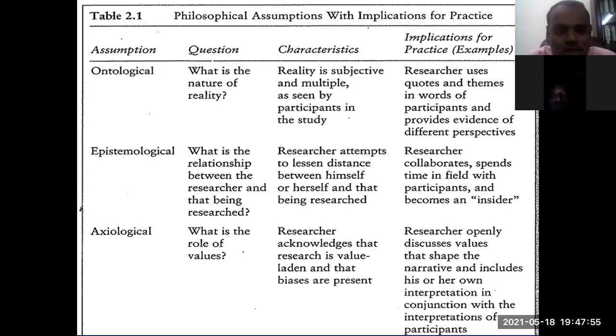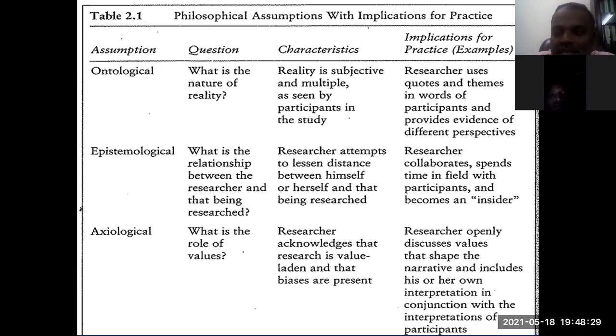So there are five assumptions: ontology, epistemology, axiology, then rhetoric, then methodology. If it is ontology, then what you are asking is, what is the nature of reality? You are asking how certain things happened. You are trying to understand without any prejudice the nature of the reality.